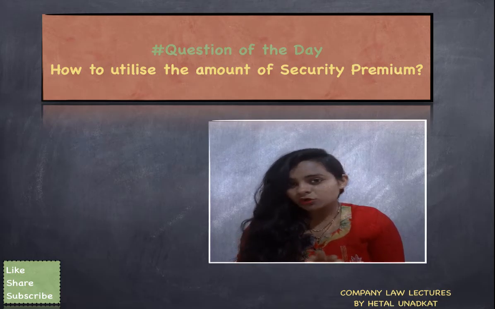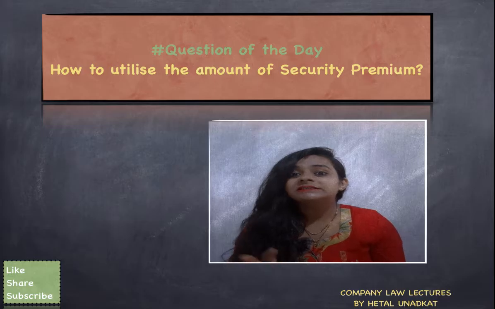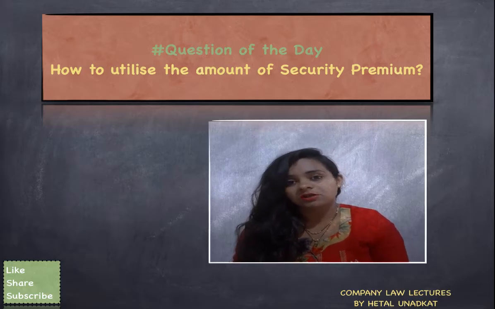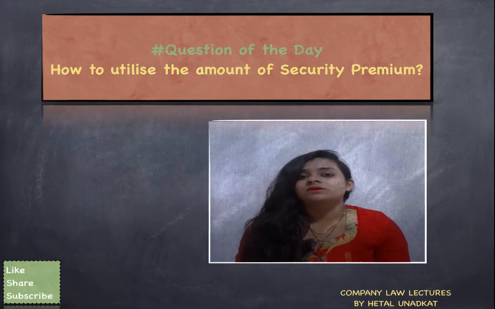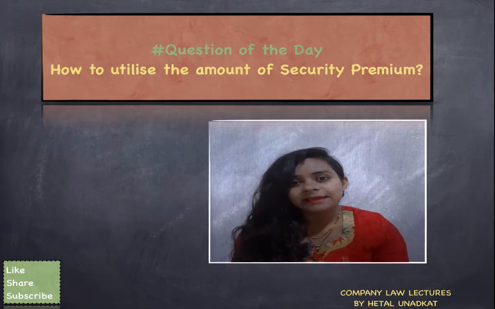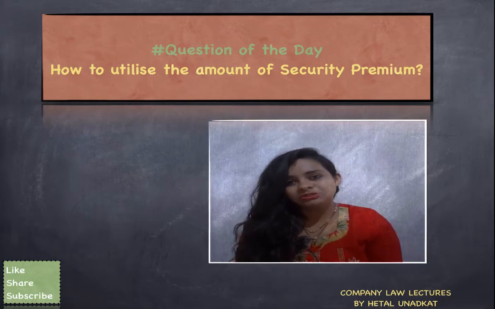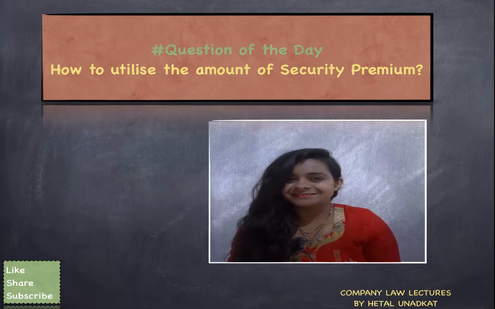The company cannot use it at its own wish. There are some rules, regulations, limitations, we can say restrictions, on using that amount. So let's understand what the rules say about using this money. That's our topic today. So let's start.